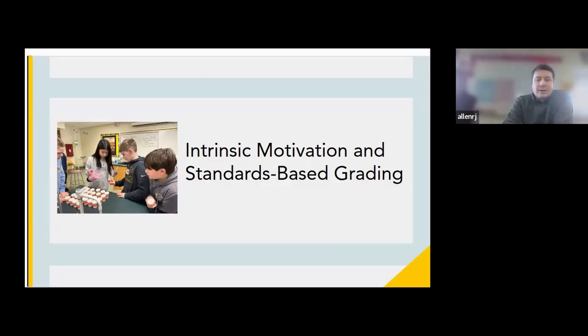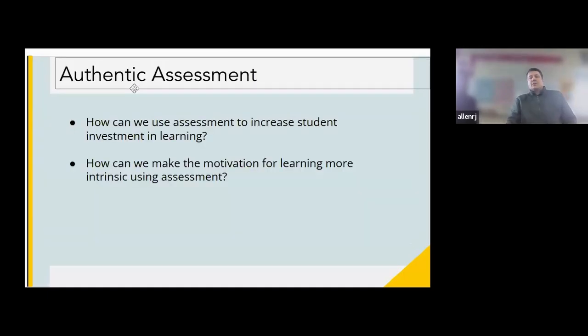So it's really about intrinsic motivation with standards-based grading. We're trying to get them to have more ownership in their learning by using formative assessment.